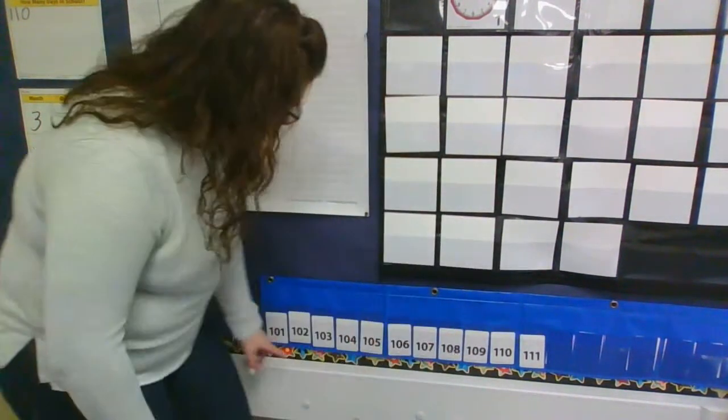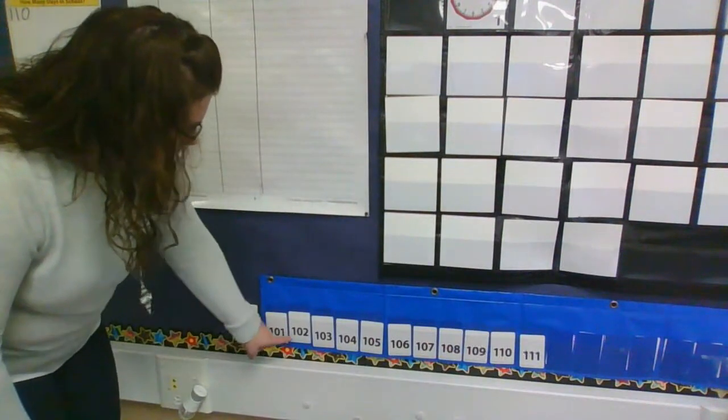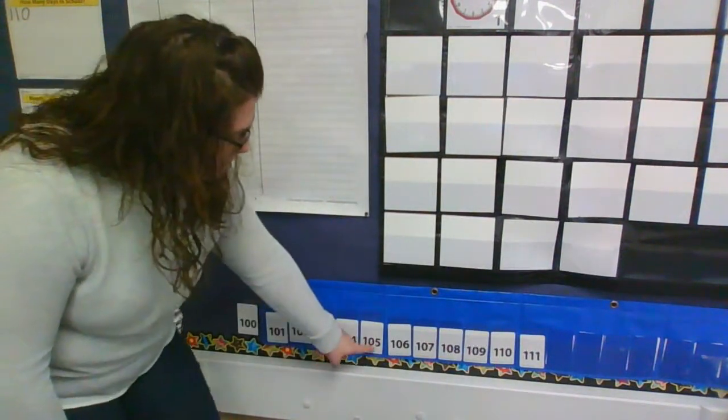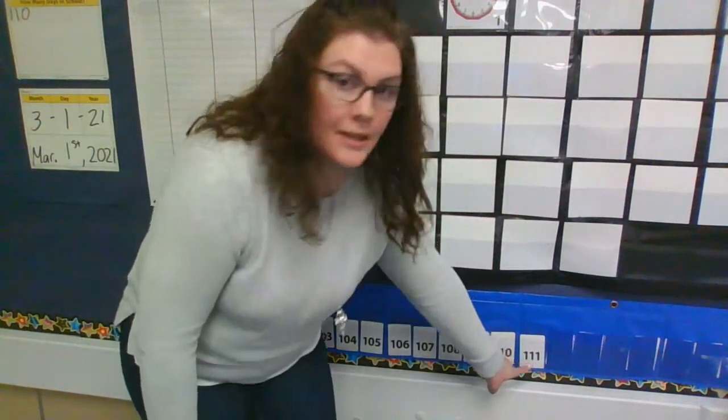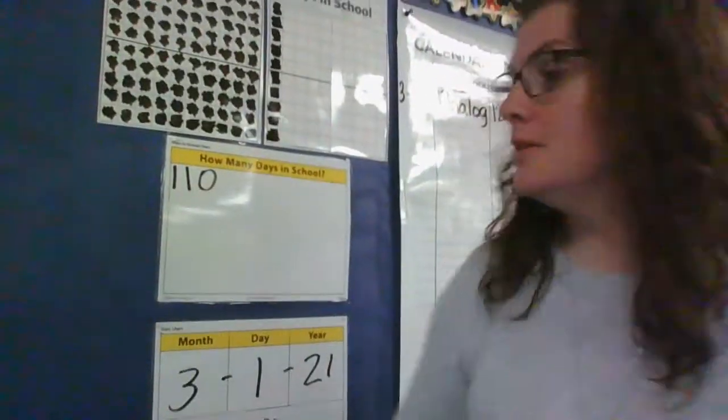You got it, because we know our patterns of 0, 1, 2, 3, 4, 5, 6, 7, 8, 9, 10, 11. Whoa, that's a lot of counting. So today is day 111 in school. Let's update our days in school chart.